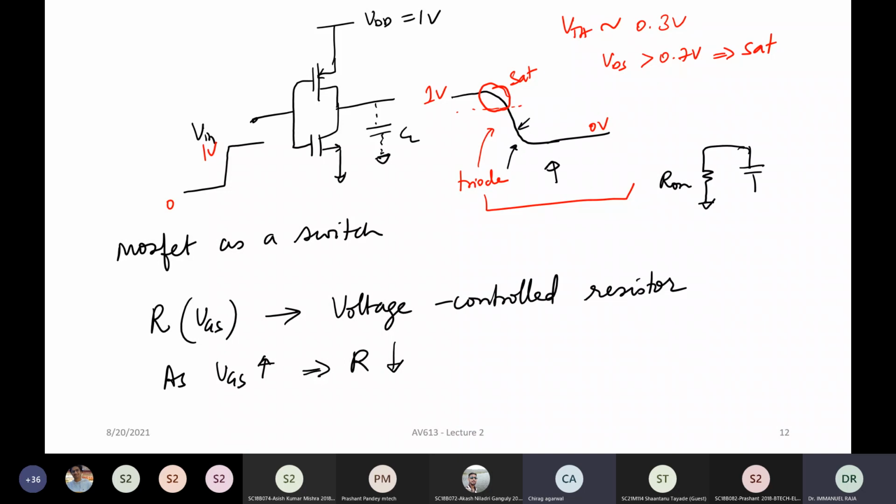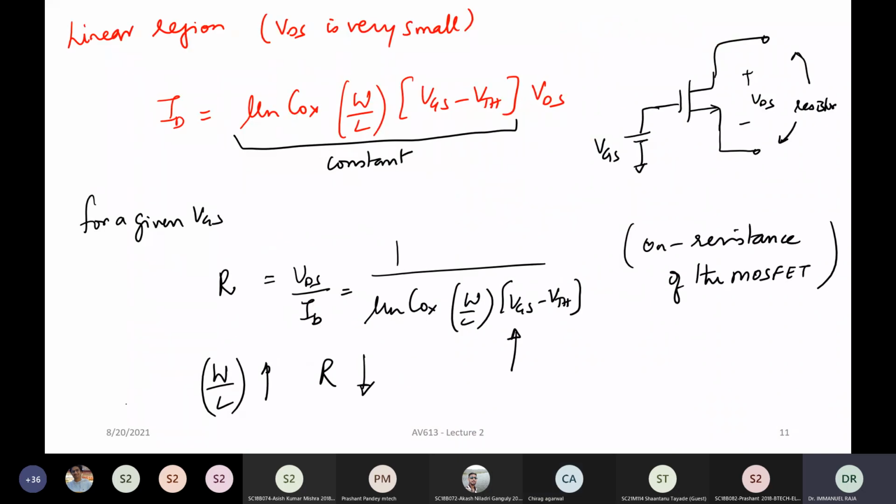So yes, of course, the answer is yes, because in the expression, if you talk about the on resistance, it is VGS minus VTH, right? But for a given MOSFET, let's say you have fabricated a MOSFET, it will have a certain threshold voltage. Now, you are right that the threshold voltage will vary as a function of temperature. It will vary as a function of process.